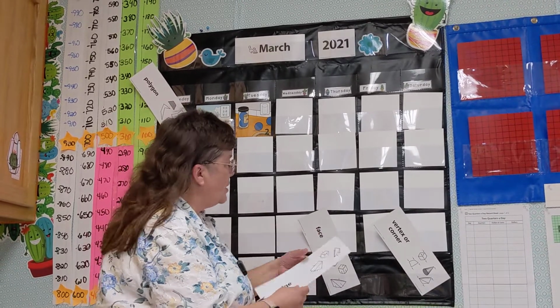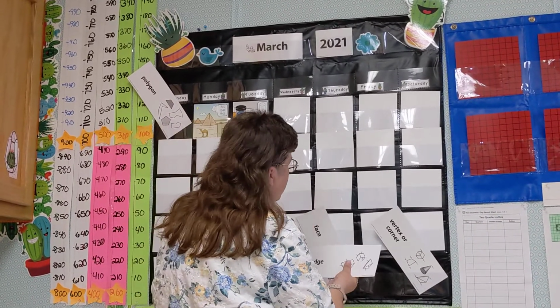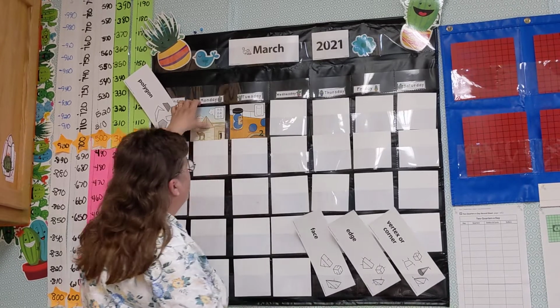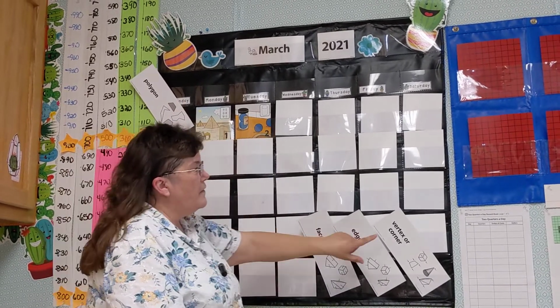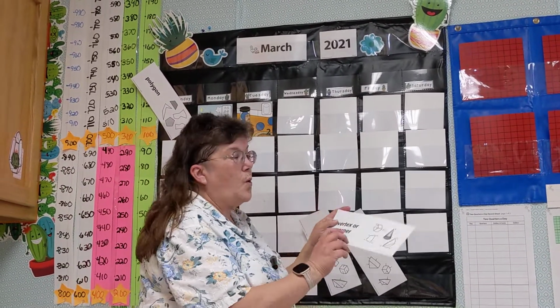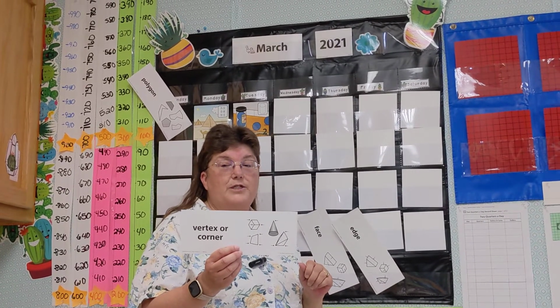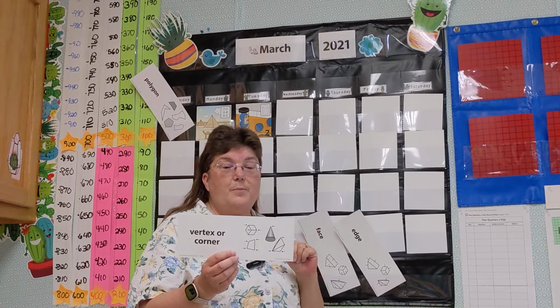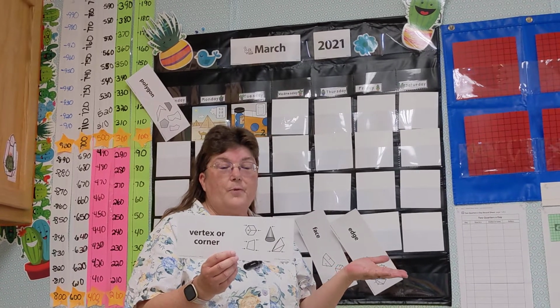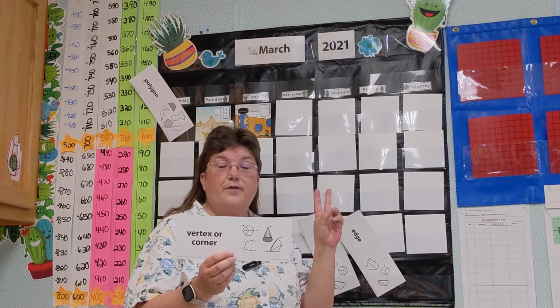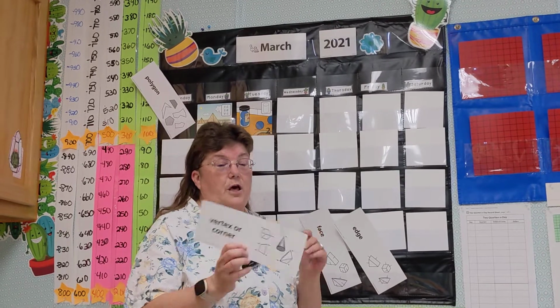This is a face, and this is a face, and they meet right there. So there's the edges. And then the last letter on our clues is a V for vertex or corner. The description of a vertex is the point at which the sides of a two-dimensional flat shape or the edges of a three-dimensional shape or solid meet.